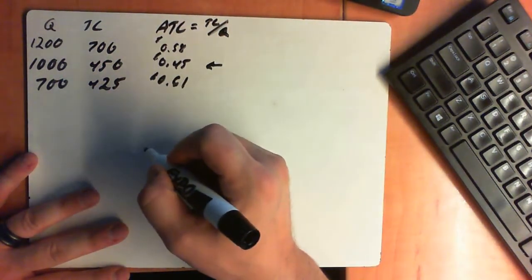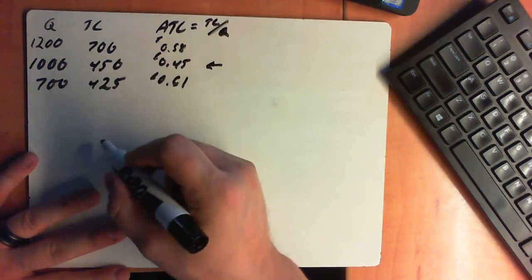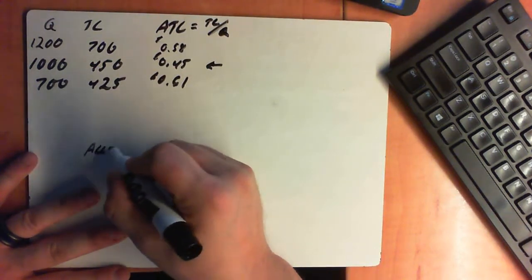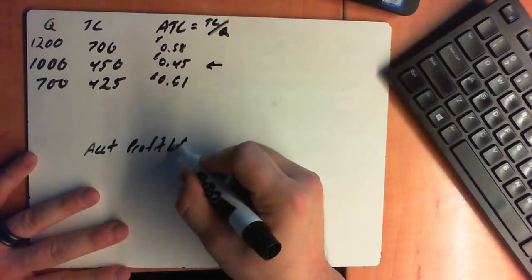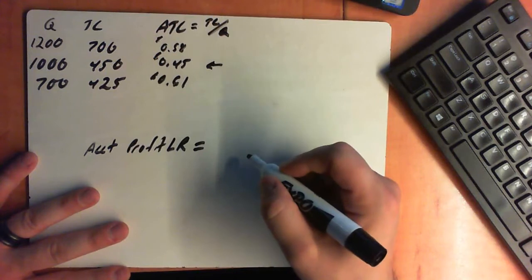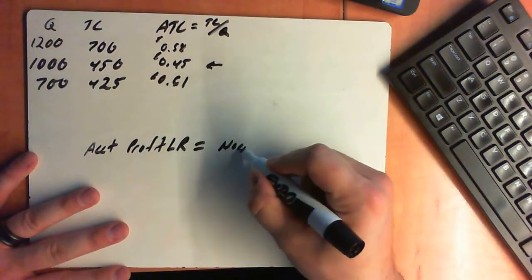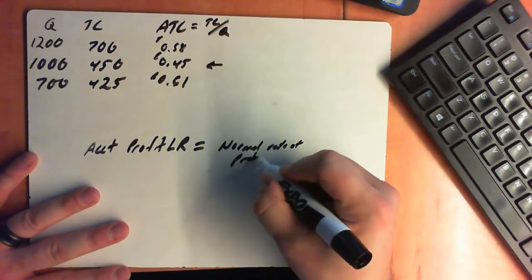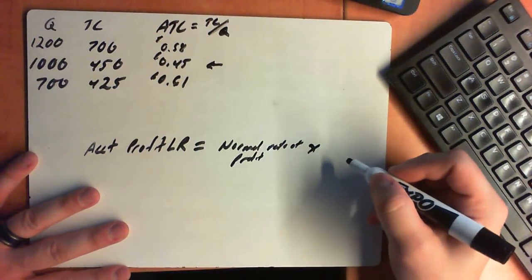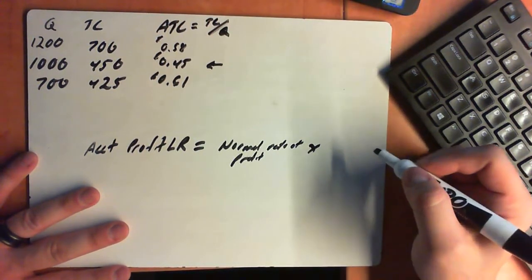Okay, so accounting profit in the long run is simply going to be the normal rate of profit times the price.